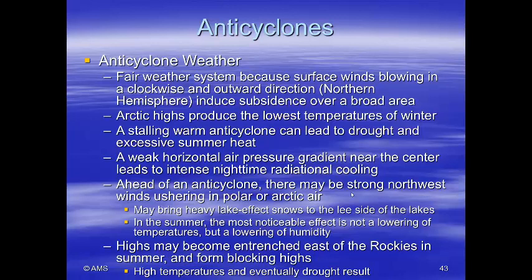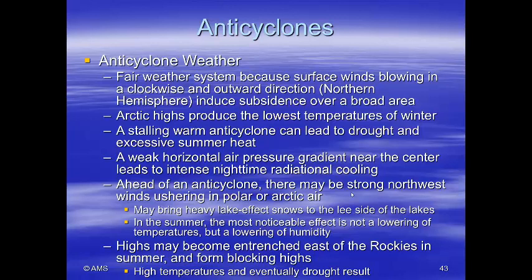A stalling warm anticyclone can lead to drought and extensive summer heat. The weak horizontal air pressure gradient over the center can lead to intense nighttime radiational cooling.